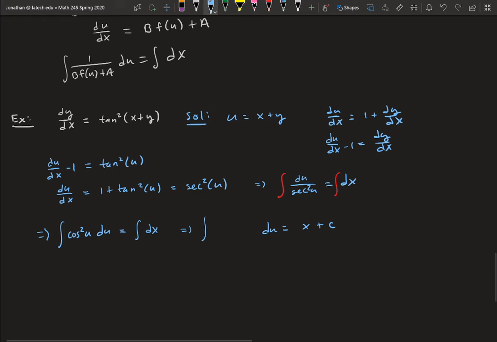So that is 1/2 times 1 plus cosine 2u. Exactly. So now integrate, get 1/2 times the integral of 1, which is u, plus the integral of cosine 2u, which is 1/2 sine 2u. That's right, Philip.